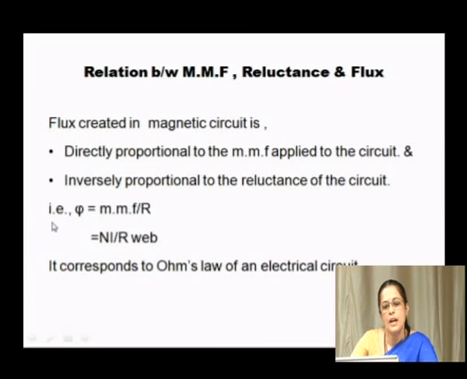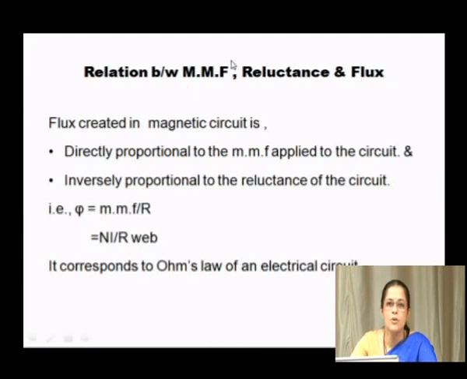So, phi is equal to M.M.F by R. This is the relation between M.M.F, that is the magnetomotive force, R the reluctance, and flux.